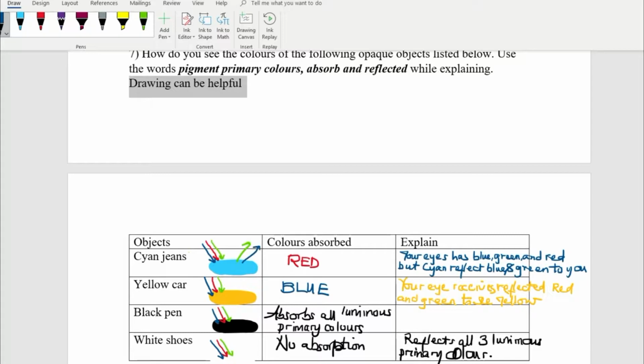So once it reflects both colors, what we see is a combination of green and blue in our eyes, and our brain interprets it as cyan.